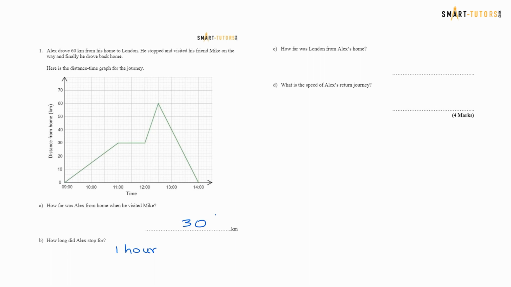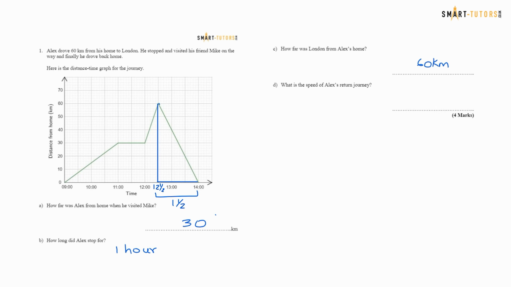Question C, how far was London from Alex's home? 60 kilometers. What is the speed of Alex's return journey? For Alex's return journey speed, you need to make a right angle triangle. This is the right angle triangle, and here is 12:30. From 12:30 to 2 is 1.5 hours, right?